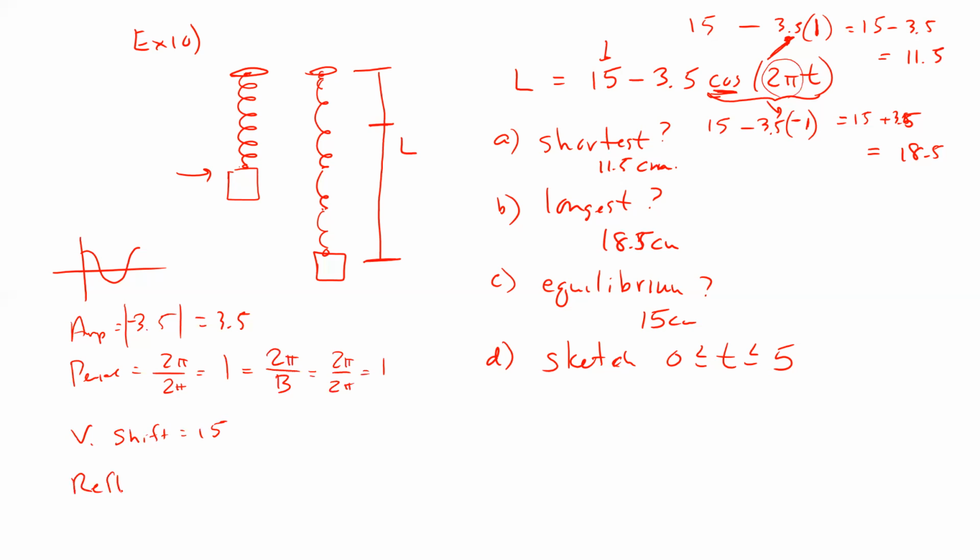There you go. That's what I was missing. Reflection, yes, because of the negative in front of the 3.5. And are you guys all done? So I'm going to go like this. I'm going to go all the way, this began my 15, 16, 17, 18, 19, 20. So about there, that's going to be 10.